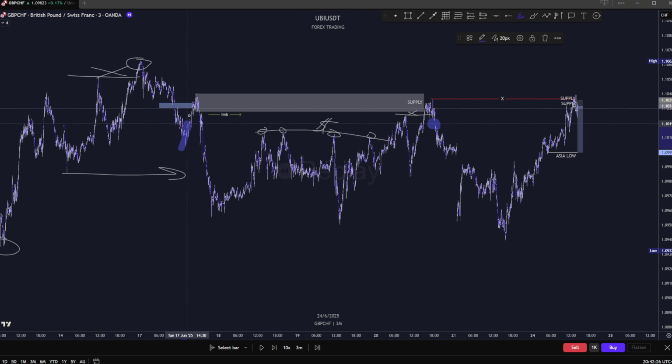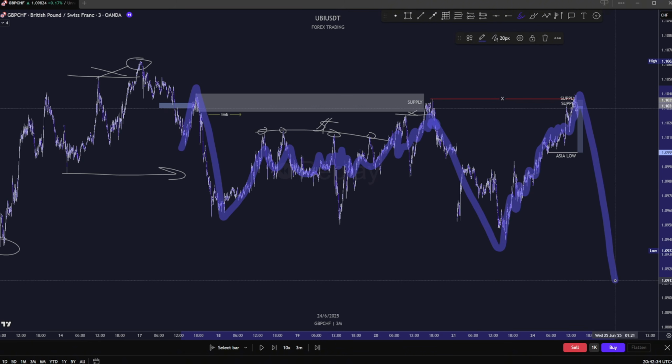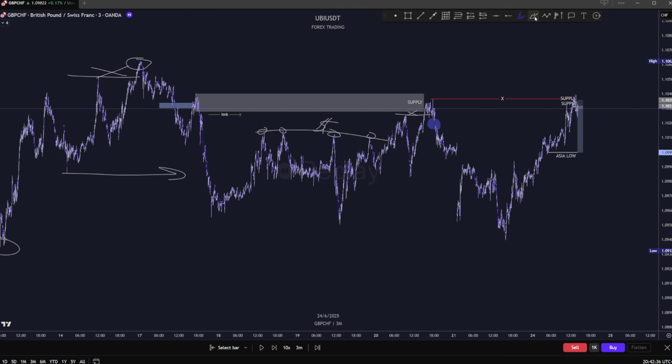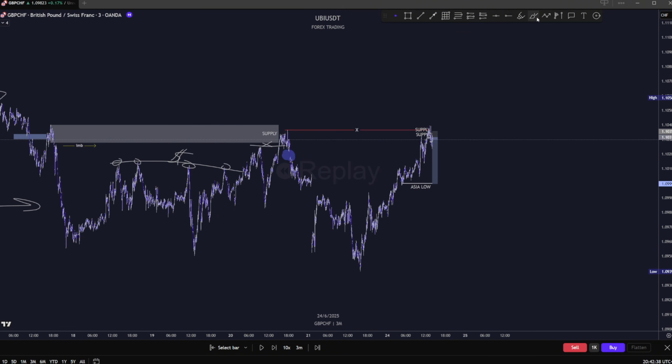Correction, impulse, correction, impulse. So we know that once we have bearish order flow, price is always sweeping lower lows. Correction, impulse.